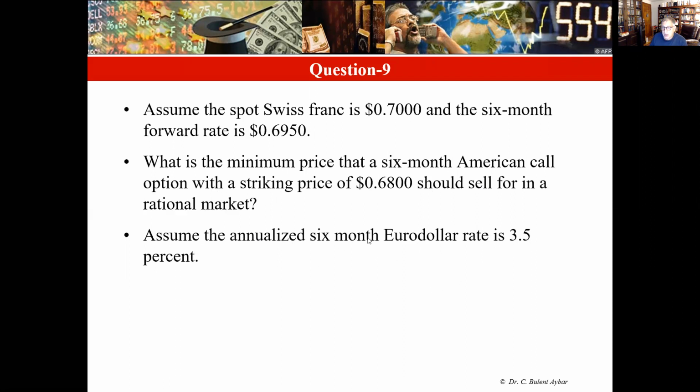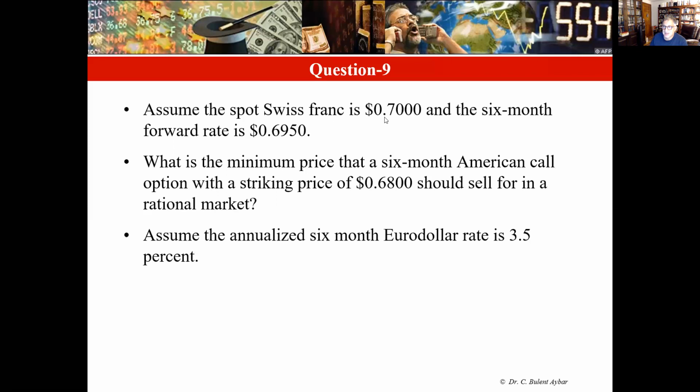In order to answer this question, we need to revisit some basic option pricing principles where we can establish certain lower bounds for options. So for a call option, the maximum price that you would pay for an underlying is the spot price itself.